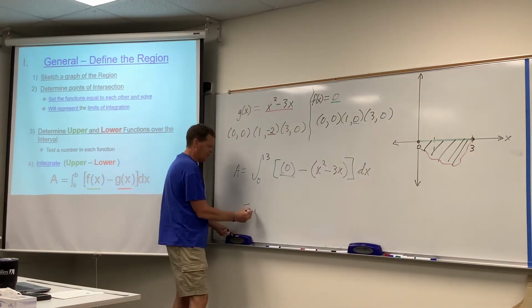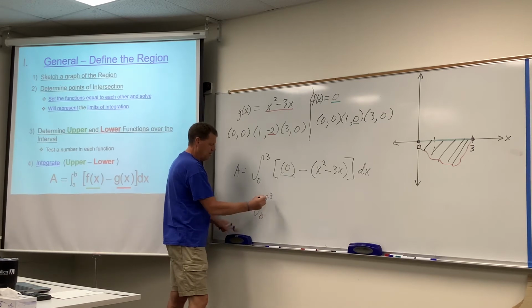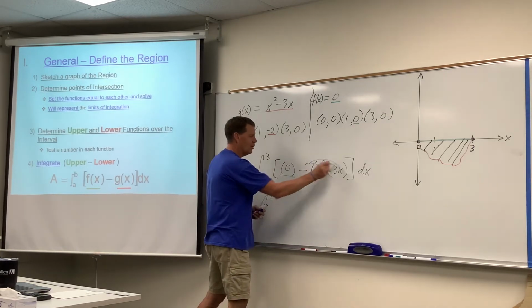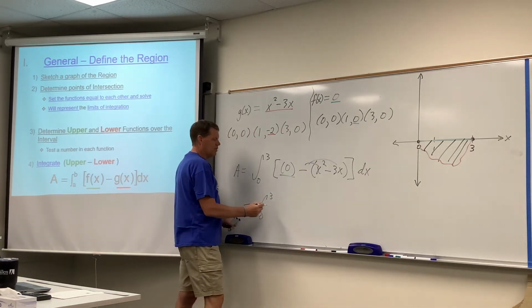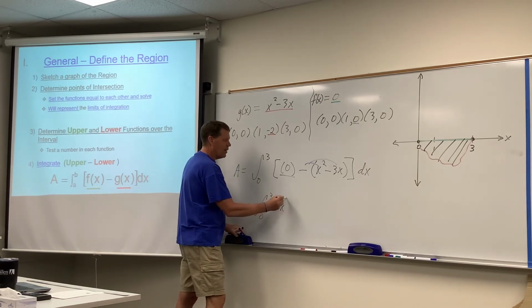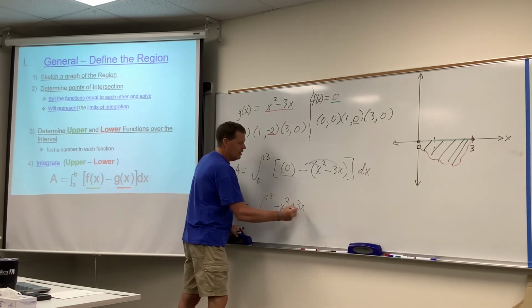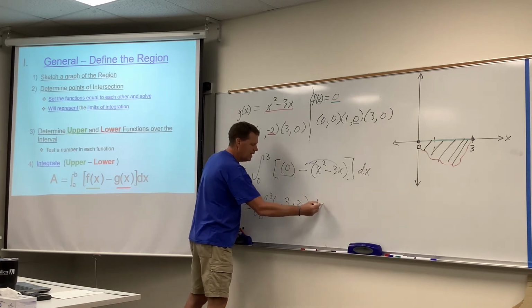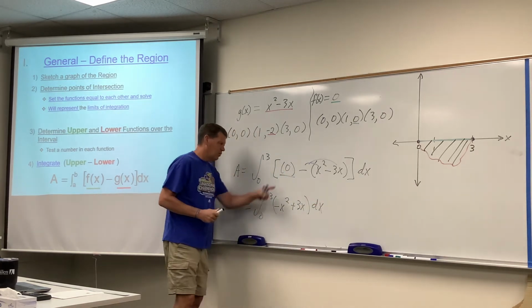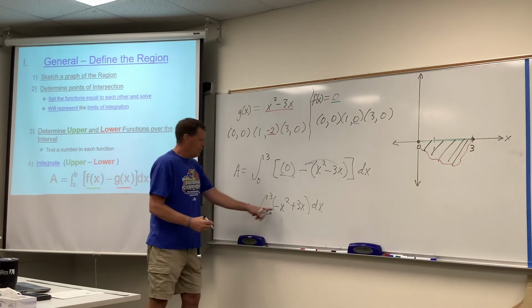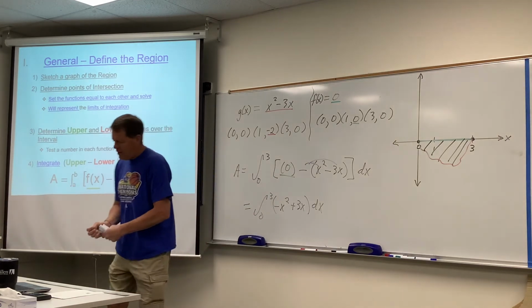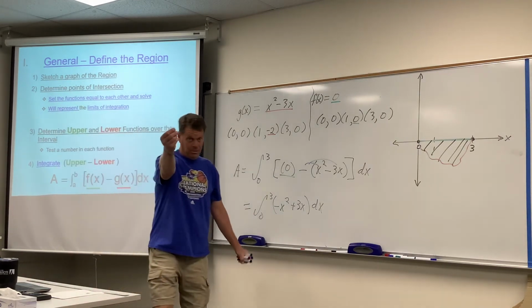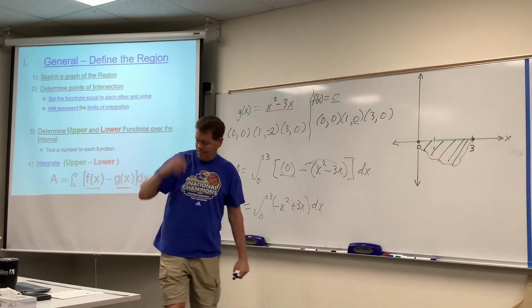This is just mechanical stuff now. Let's simplify this in terms of distributing and so on. Before we do calculus, let's simplify this by distributing the negative into that second quantity. And of course, the 0 goes away. And here we go. And then it's time to integrate, evaluate, celebrate, graduate, and compensate.